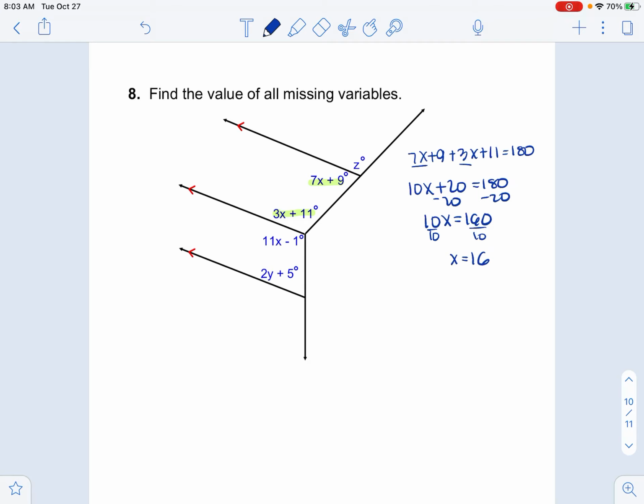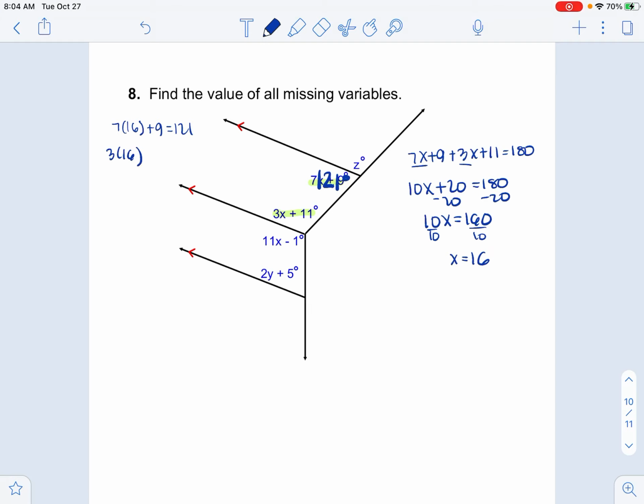All right, now I can plug that into my other angles. So I'm going to do 7 times 16 plus 9. 7 times 16 plus 9 is 121. So this is 121.